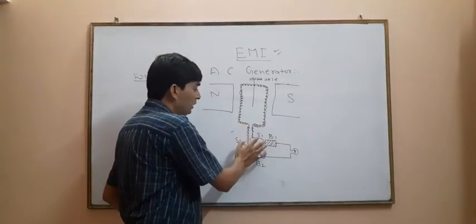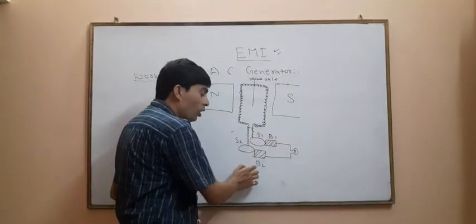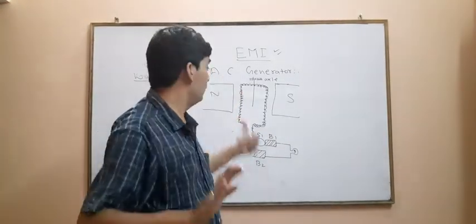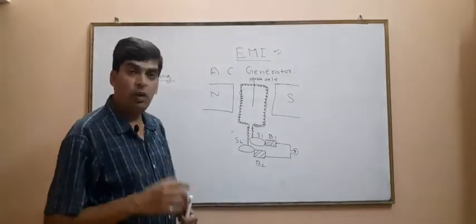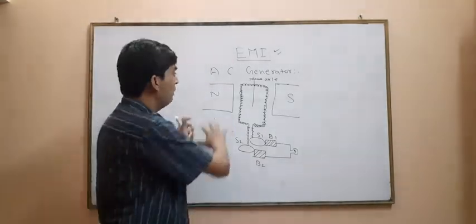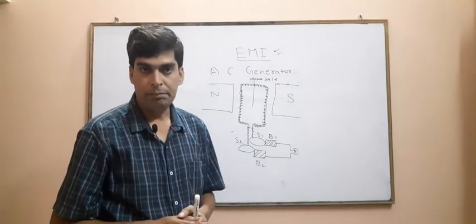Because the touch of this S1 is continuous with B1 and S2 is always in contact with B2. So the polarity gets changed due to the change in the magnetic field. I will provide you the working in the notes. So you will write the working from that note, but this is the outcome of the working of an AC generator.